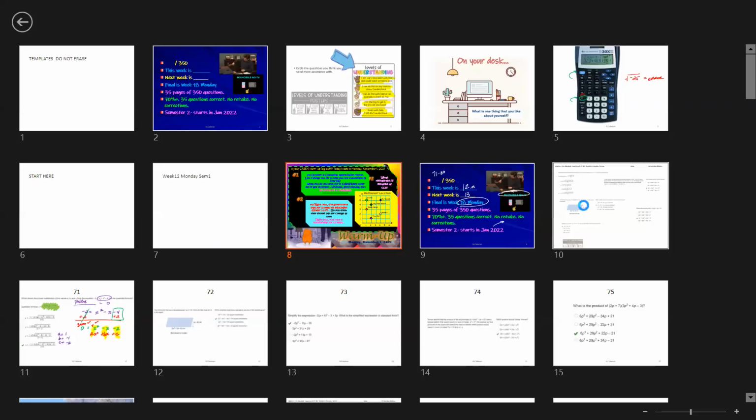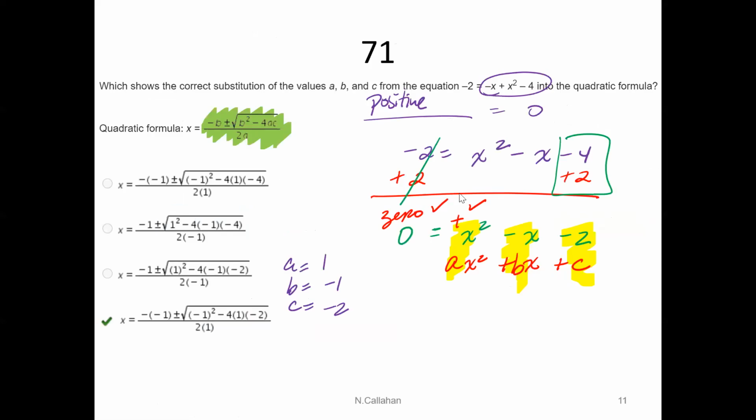When I plug this in, you guys, what you're going to end up having is -b is going to give you a -1 plus or minus the square root of -1 squared minus 4 times a, which is 1, times c, which is -2, all the way over 2a, which is 2 times 1.